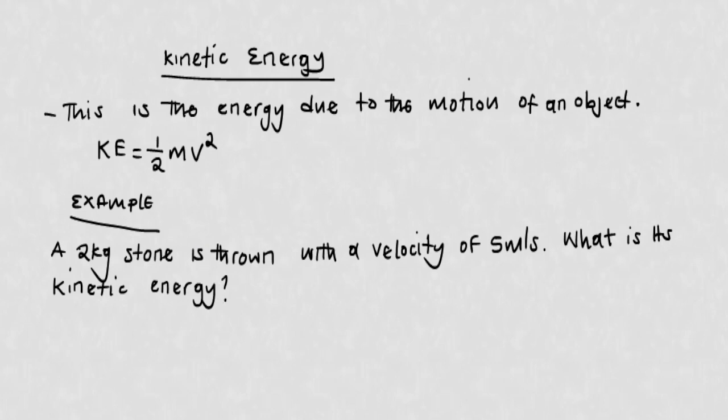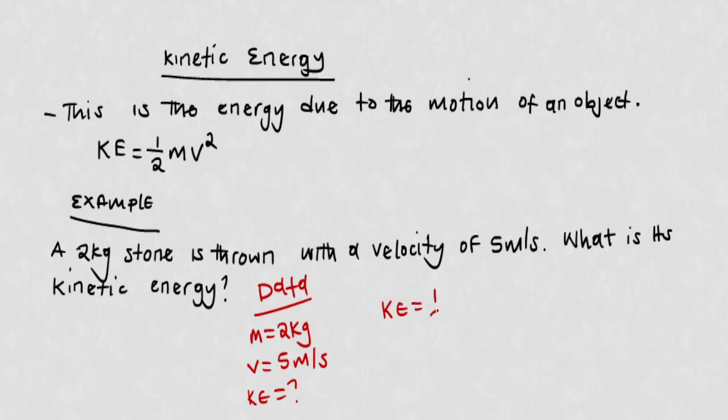Now we start with the data, what we have been given. We have a mass of 2 kg. What else? We have the velocity of 5 meters per second. We're looking for kinetic energy and we don't have it. So kinetic energy is given by half mv squared.